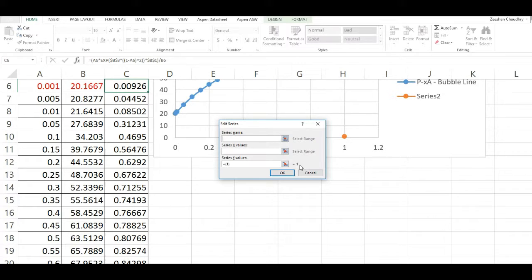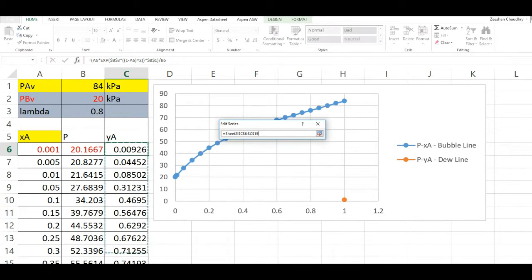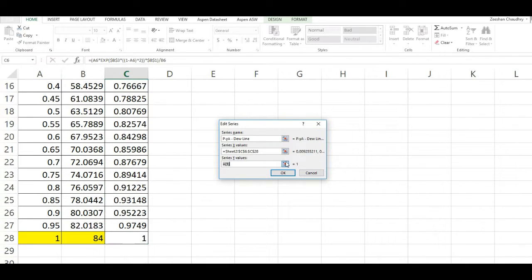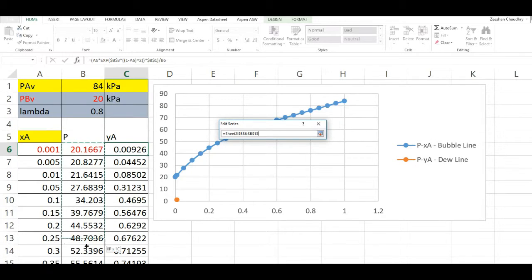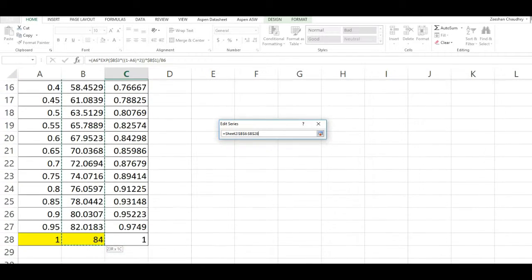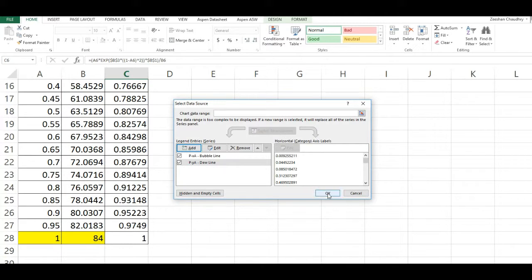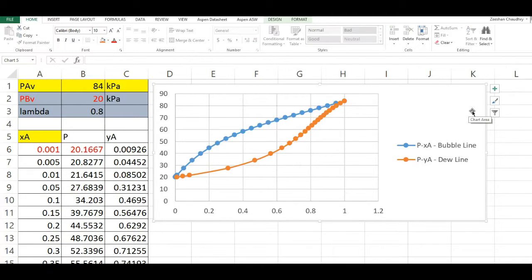So let's add the other series and call this PyA, otherwise known as the dew line, right? And then we pick our input series, which are these y values. Then we pick our output values, which are these pressures. Okay, and voila, we have a Pxy diagram.